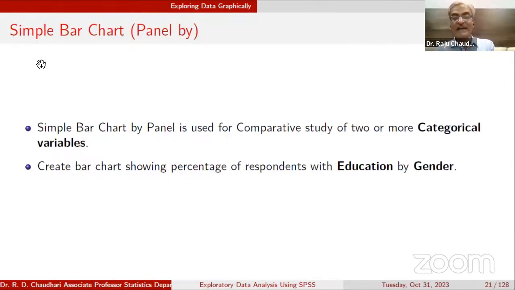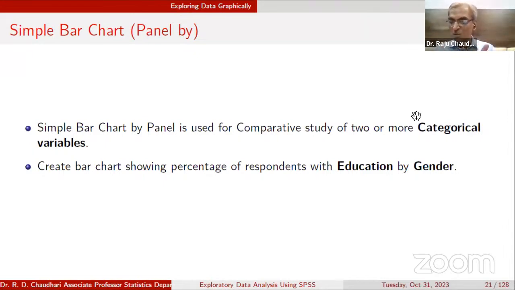Many times we have to create a panel chart. What is a panel chart? It is a comparative study of two or more categorical variables, because a simple bar is used for only one categorical variable.